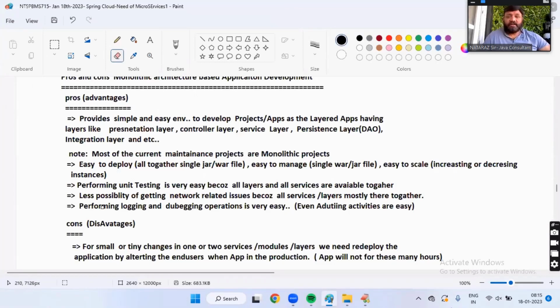Next one. Less possibility of getting network related issues because all services and layers are mostly together.